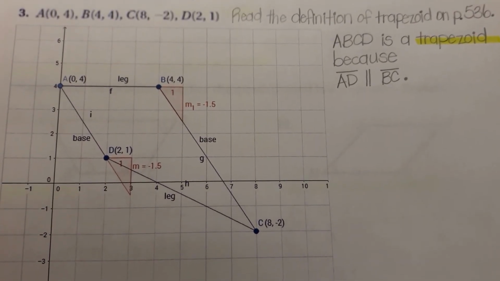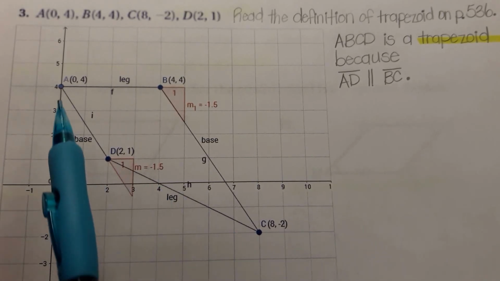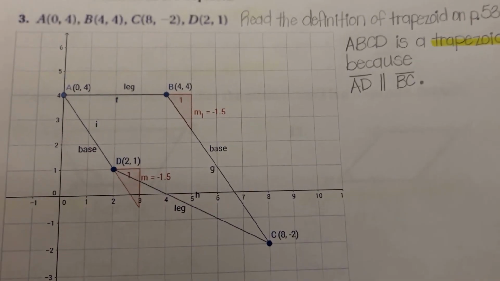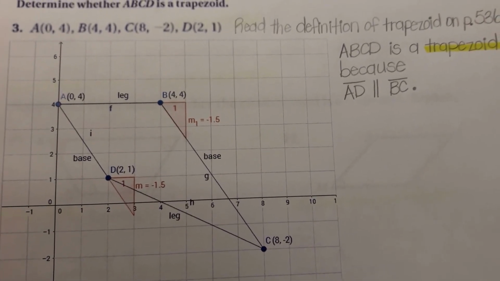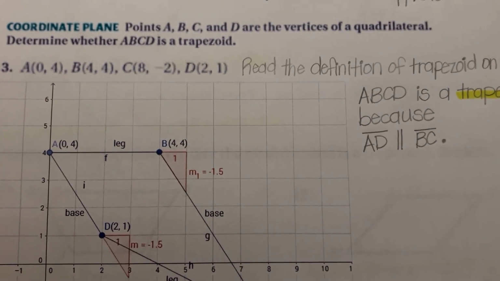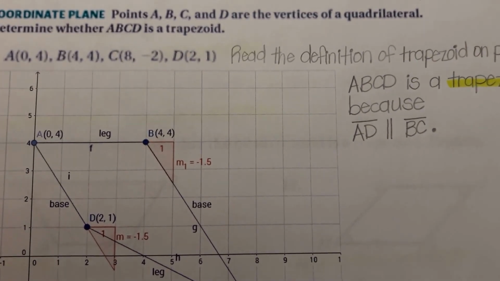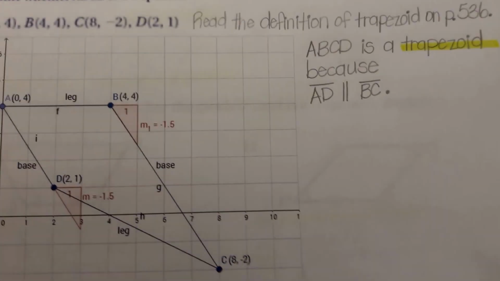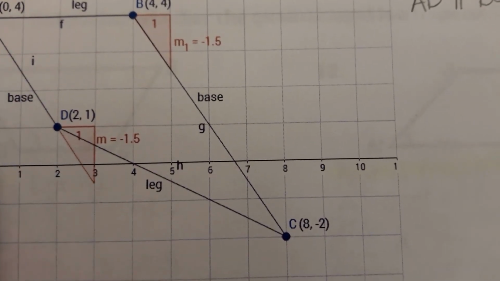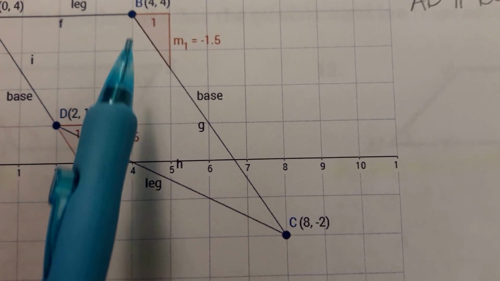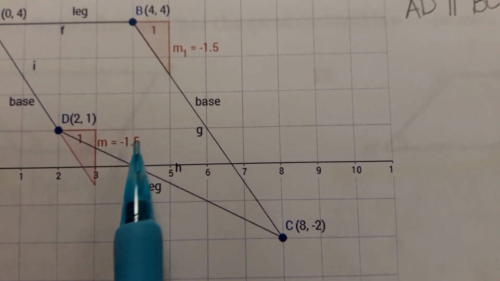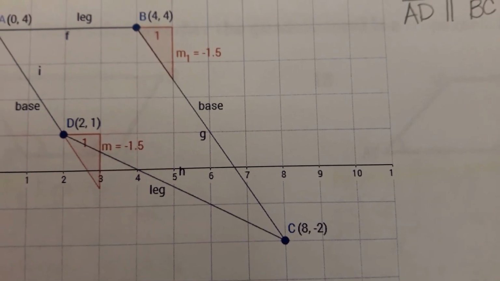After reading that definition, I know that a trapezoid is a quadrilateral with exactly one pair of parallel sides. That being said, I know that parallel sides have the same slope. So if you look at the diagram here, I can tell that side AD and side BC are parallel. And I know this because both of their slopes are negative 1.5.